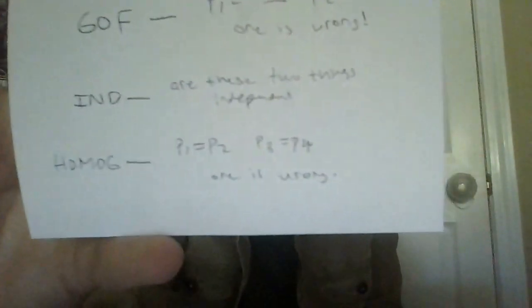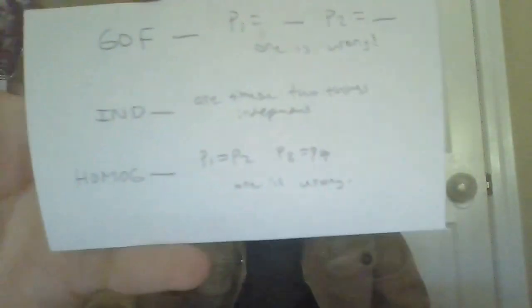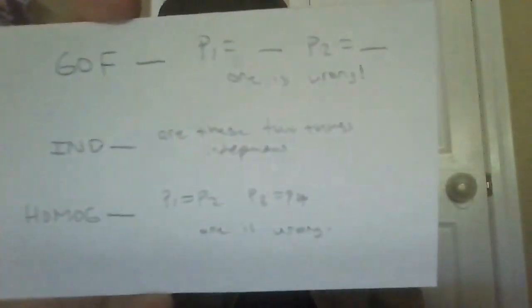And then independence and homogeneity, they are if you are in a 2-way table. That's how you know. But what's the difference between them? Independence is just basically you're saying, are these 2 things independent? So let's say you have color of M&Ms and flavor. Are those things independent or something? And you would use the 2-way table.